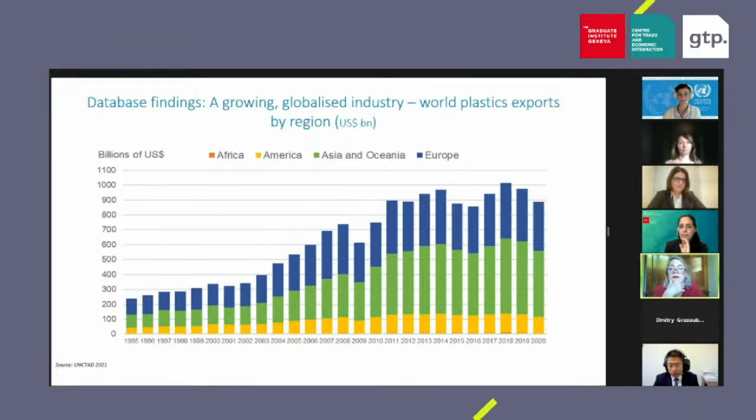The other thing that is obvious in this chart when you look at it is the growing share in the plastic production from Asia.